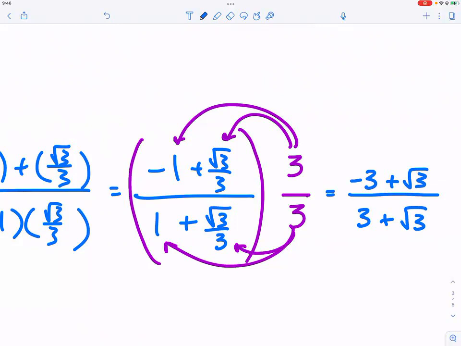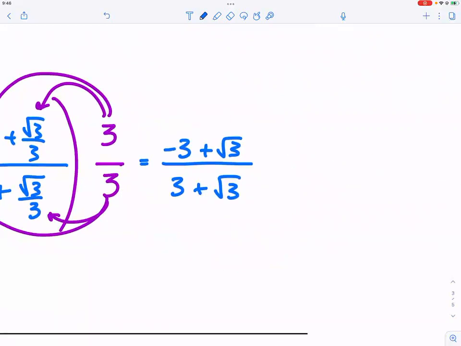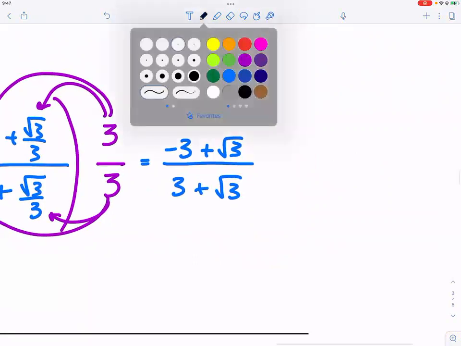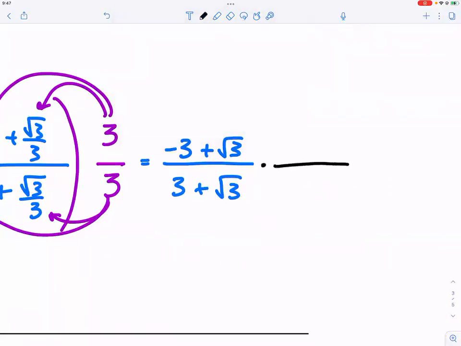So now you don't have a complex fraction problem, but now you have a square root problem in the denominator, and now you have to do the multiplication of the conjugate.